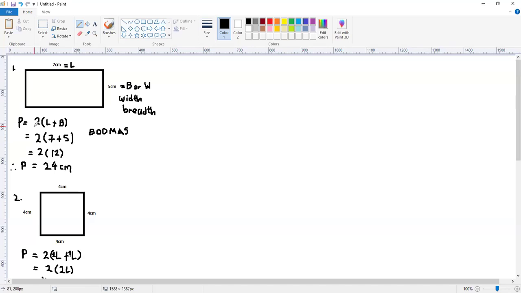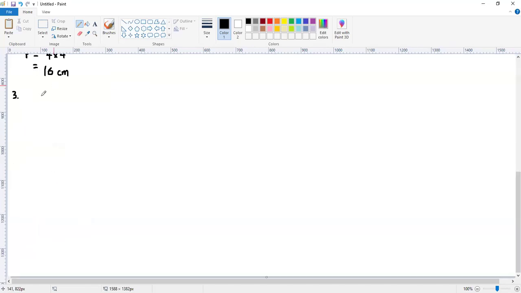Okay. All right. So we're going to talk about area now. Now, for us to talk about area, again, I'm going to start with a rectangle. Then we'll go to a square. Then we'll go to a triangle. Okay.